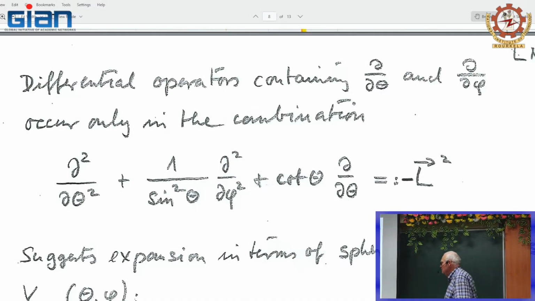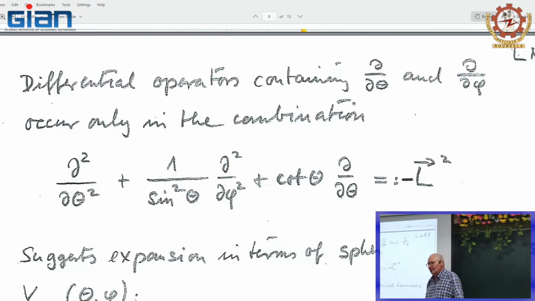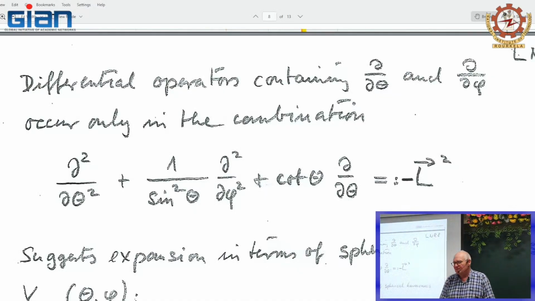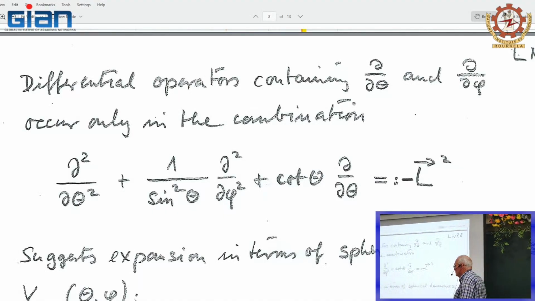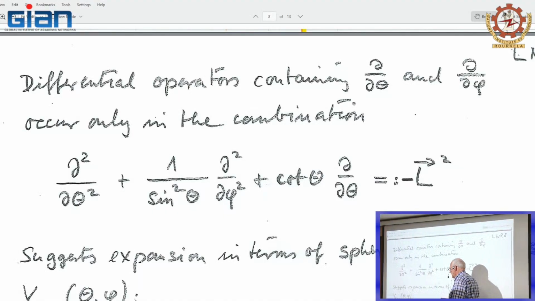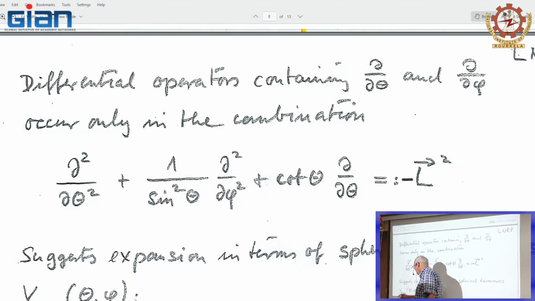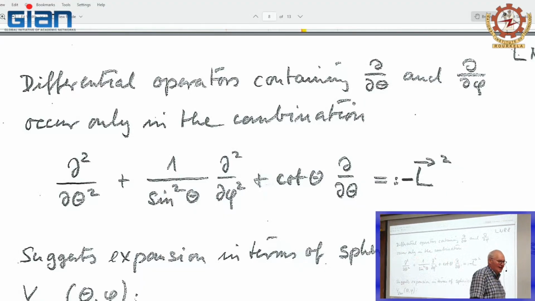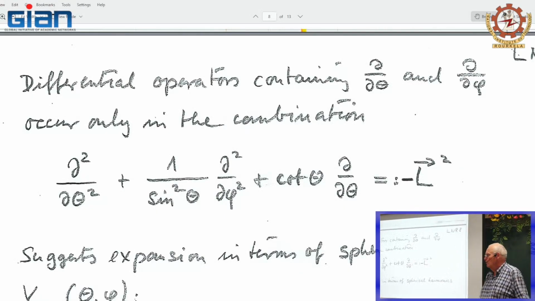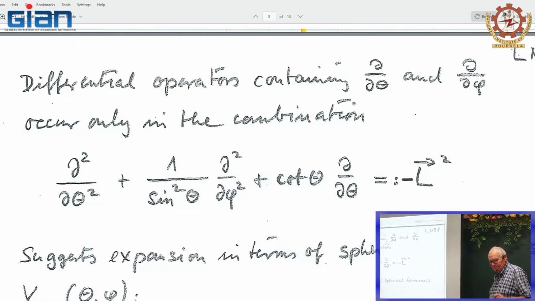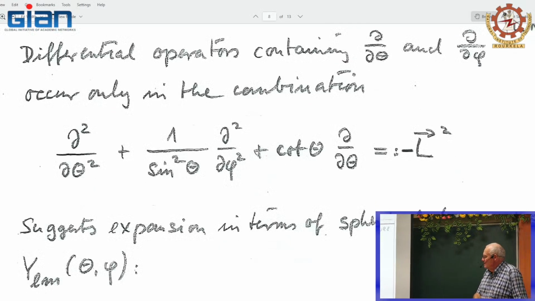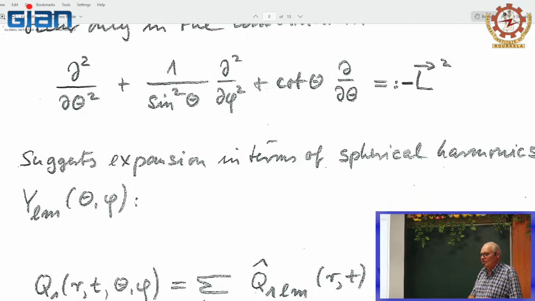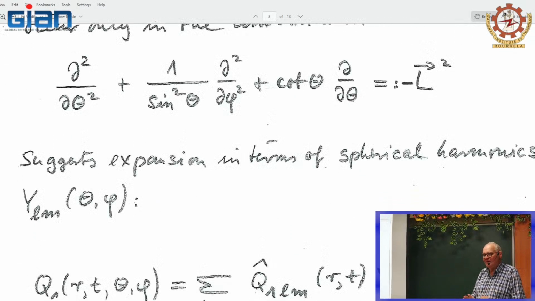The eigenfunctions of these operators are the spherical harmonics Y_LM. These are functions which depend on two indices, L and M, and are functions of theta and phi. So these form a complete orthonormal system. You may know what this is from quantum mechanics.